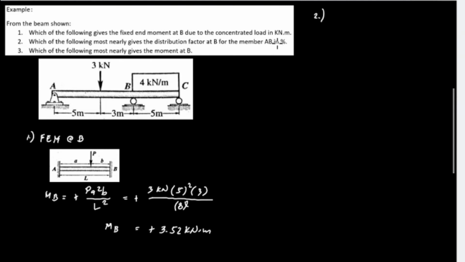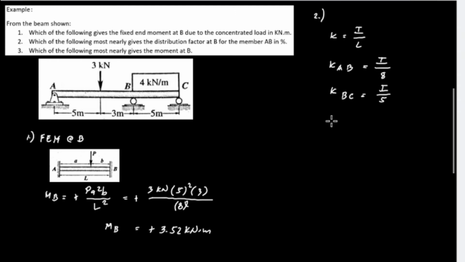We will first find the K, the relative stiffness factor, where K is equal to I over L. KAB is equal to I over 8, since the length of AB is 8 meters, while KBC, the next span, has a length of 5, so it is I over 5.